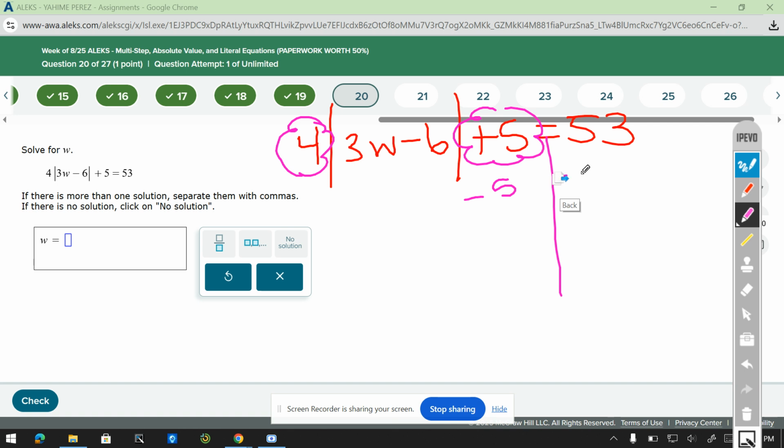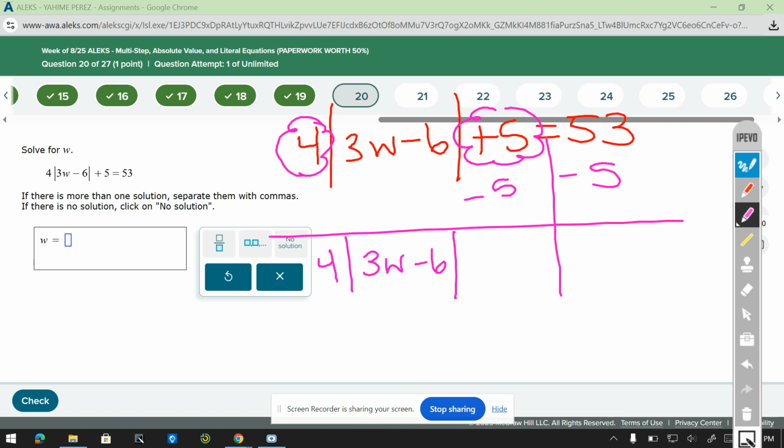So we're going to subtract 5. And we also have to get rid of this multiplication of 4. So we have to divide by 4, keeping in mind that we can never distribute into an absolute value.